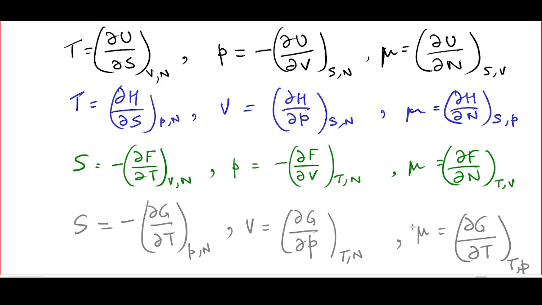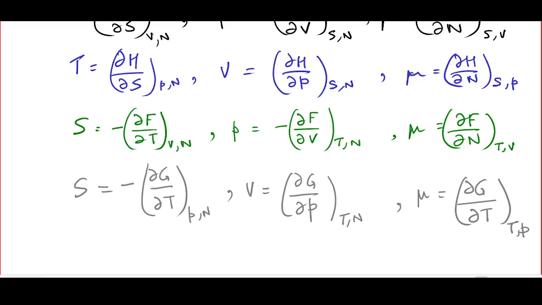Just start with the differential of a thermodynamic potential, differentiate with respect to one variable after another, and you are going to get these relations. And if you want these thermodynamic quantities as arguments of other variables, all you have to do is eliminate whatever extra variables you have. It is in this manner that once you have U as a function of S, V, n, or H as a function of S, P, n, and so on, you can get the entire thermodynamics of the system from that.